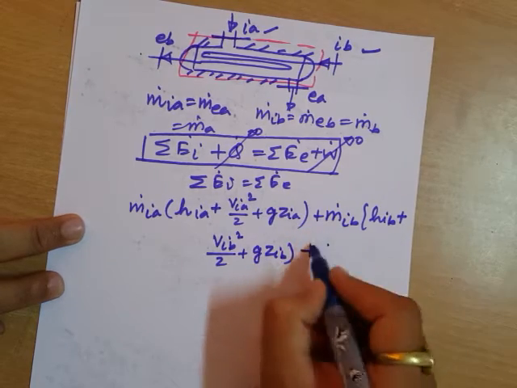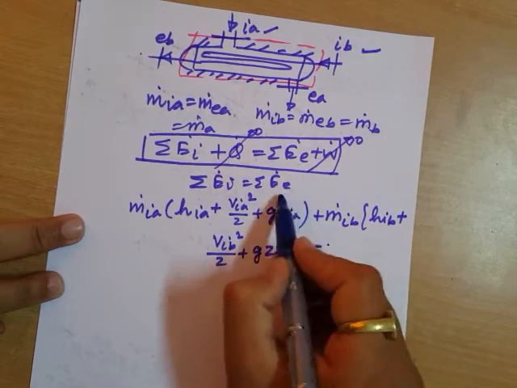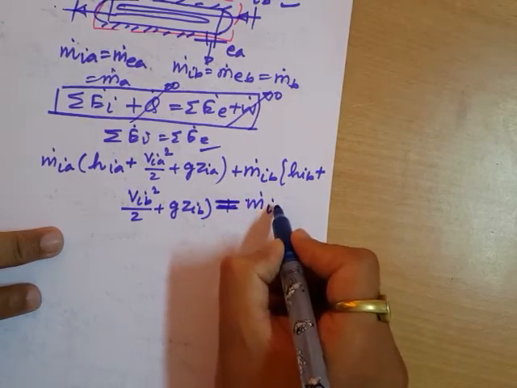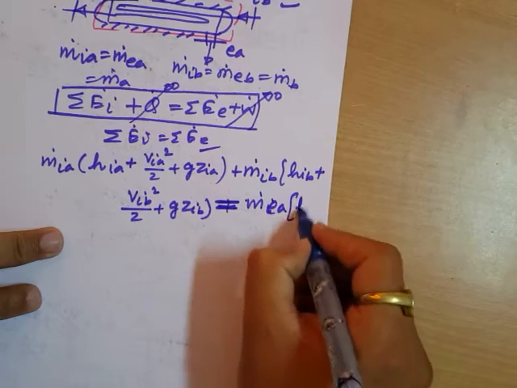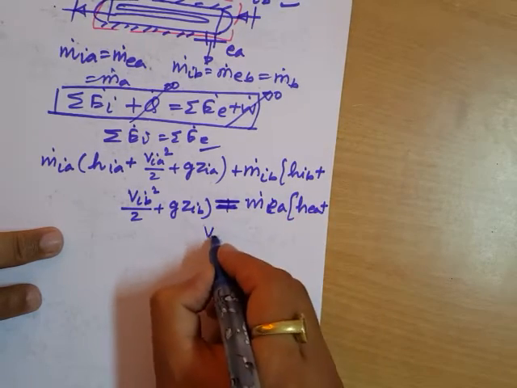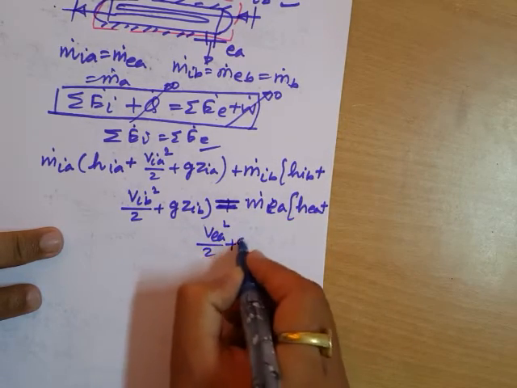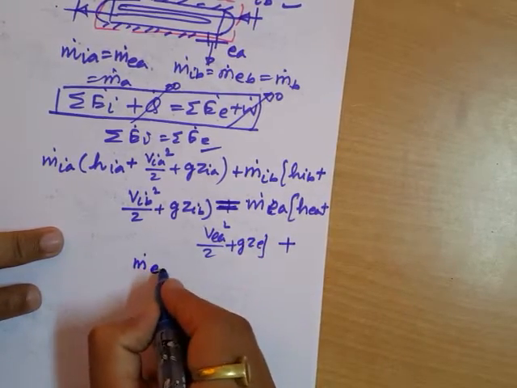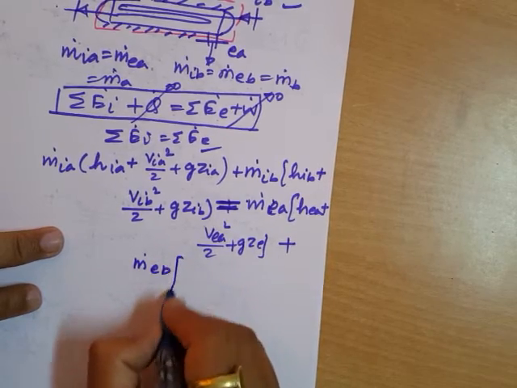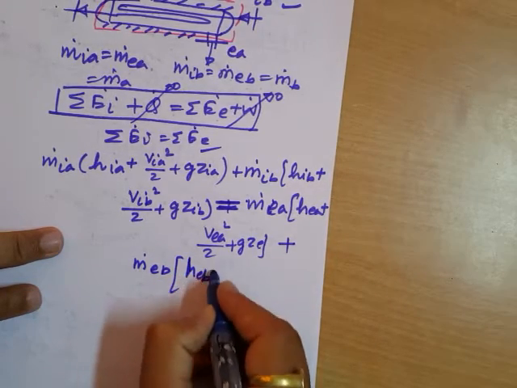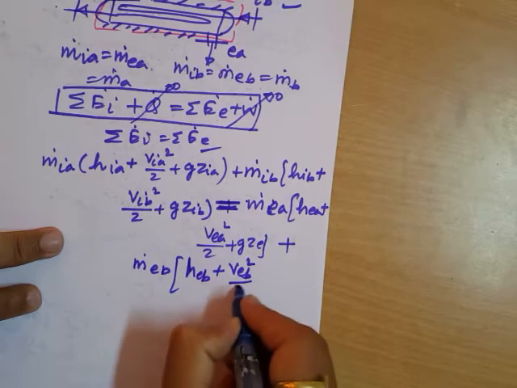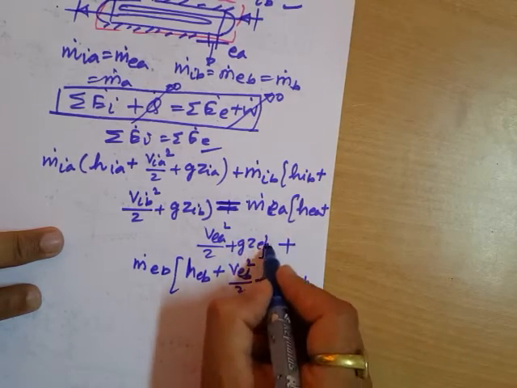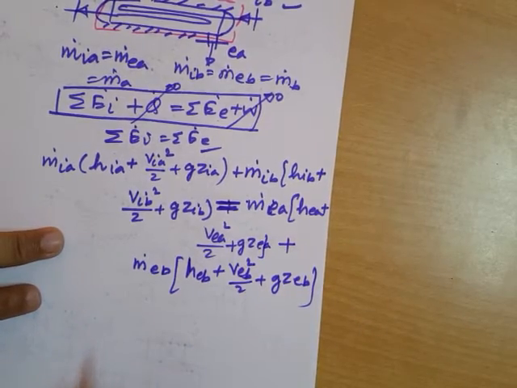There is no heat transfer, so no Q term. This is equal to m dot EA times HEA plus VEA square by 2 plus GZEA, plus m dot EB times HEB plus VEB square by 2 plus GZEB, like this.